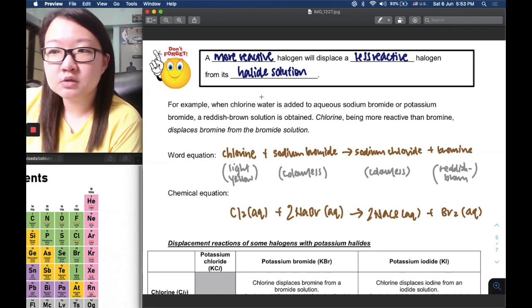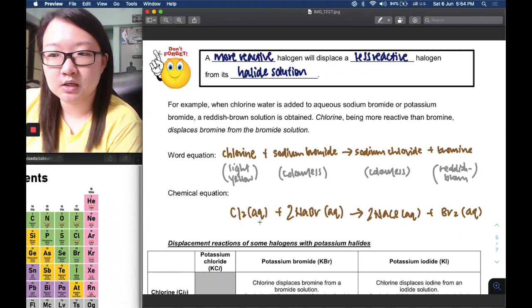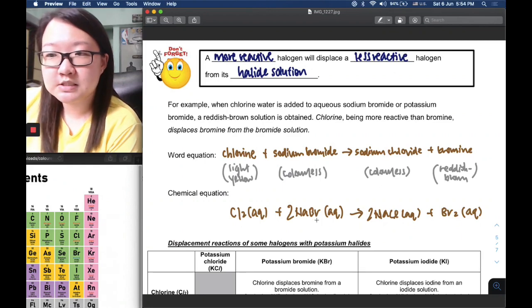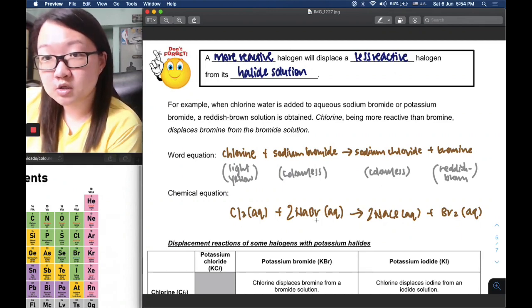So they tell you chlorine water, right? This means that chlorine has already been dissolved in water, which is the solvent. So in this case, you're going to write Cl2, and your state symbol has to be aqueous, so (aq). Then sodium bromide is NaBr. In this case, it's a salt solution, so again, solutions are always (aq), right?